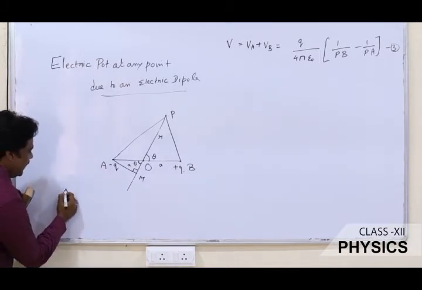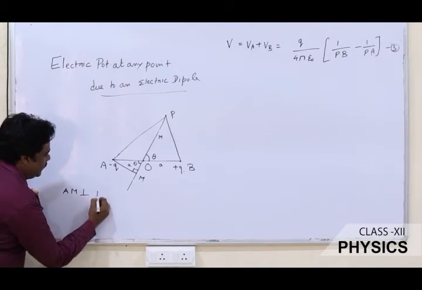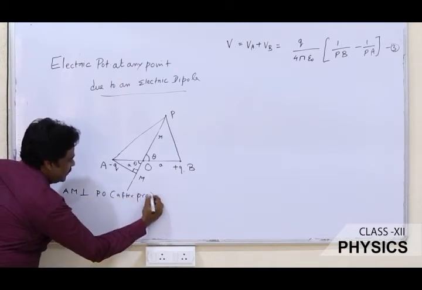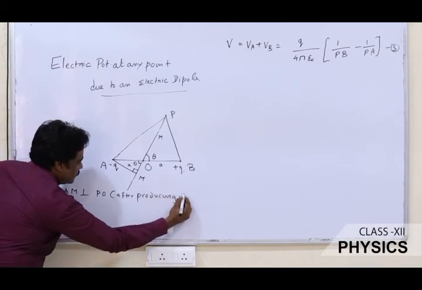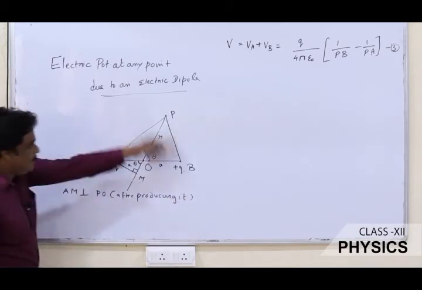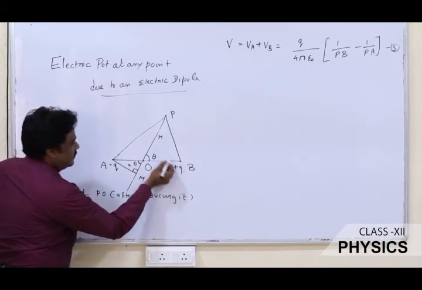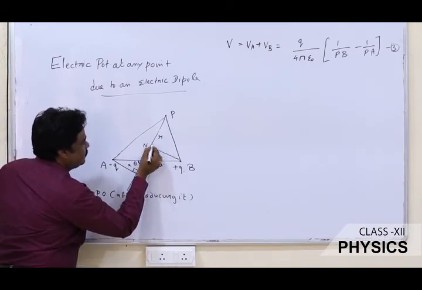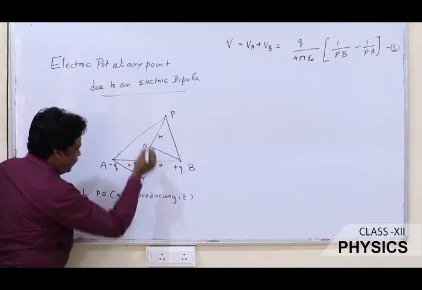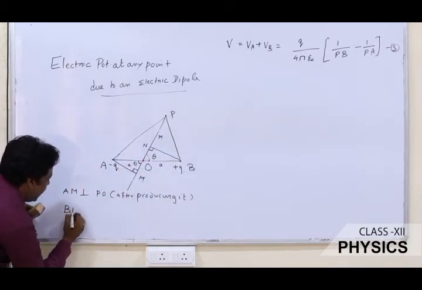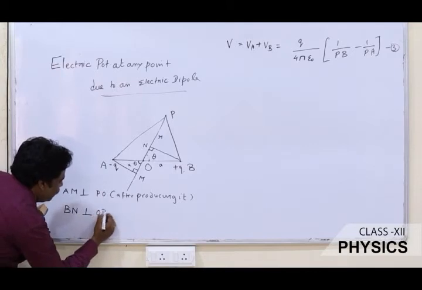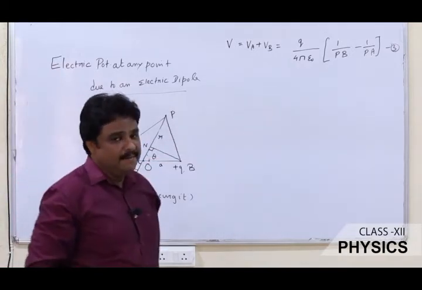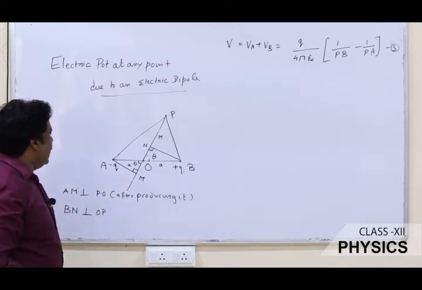So the construction is: you dropped AM perpendicular to PO after producing it. Second construction, to get PB, the same thing: we draw a perpendicular line BN perpendicular to OP. These are the two constructions we are going to do for getting PA and PB.